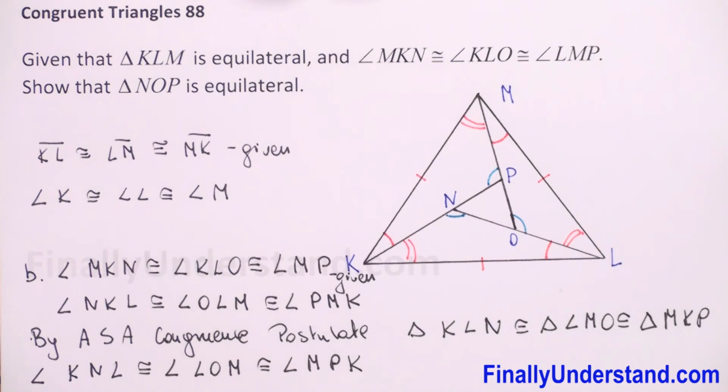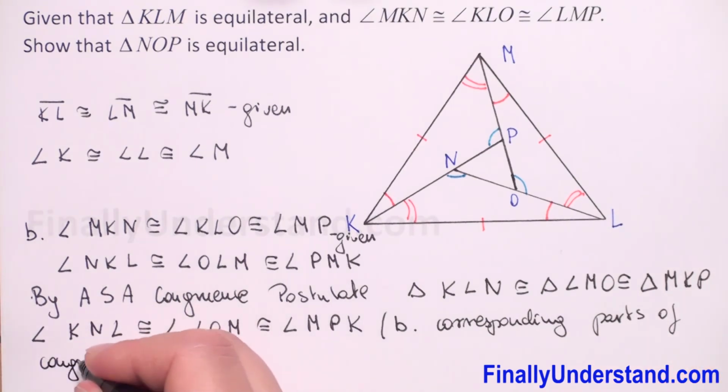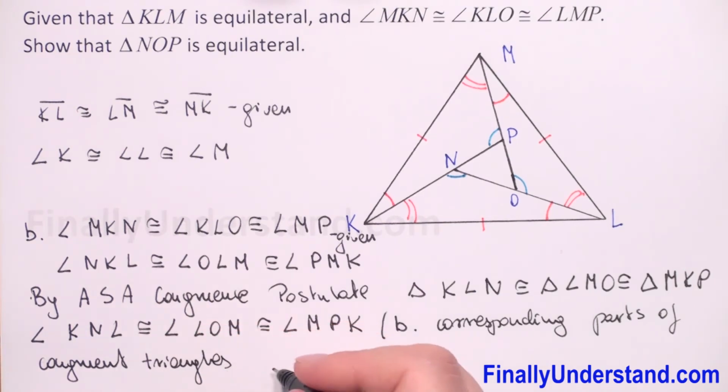This is because these three triangles are congruent, so it means that corresponding parts of congruent triangles are congruent. So we can write in parentheses that this is because corresponding parts of congruent triangles are congruent.